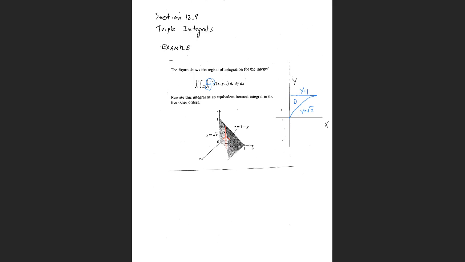And that's how you get these next two limits: bottom function, top function. And then the x limits are going to go from 0 to 1, obviously, because y equals 1 meets y equals square root of x. Those functions intersect at the origin and 1, 1.